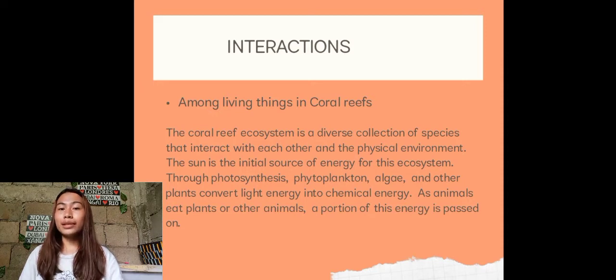Through photosynthesis, phytoplankton, algae, and other plants convert light energy into chemical energy. So as animals eat plants or other animals, a portion of this energy is passed on. So this photo is an example of what we call the interaction between fishes and their habitat, which is the coral reefs.